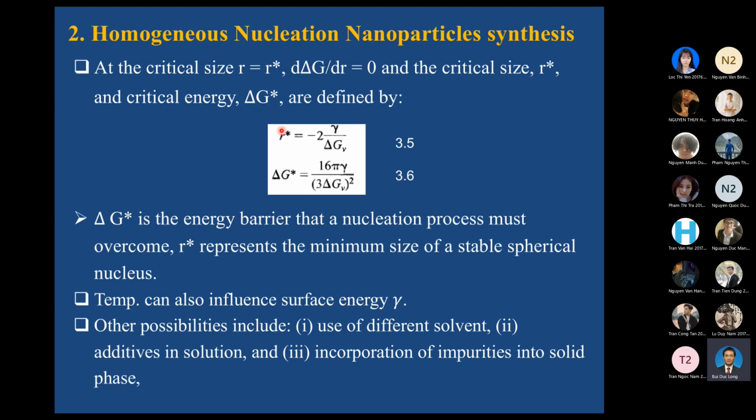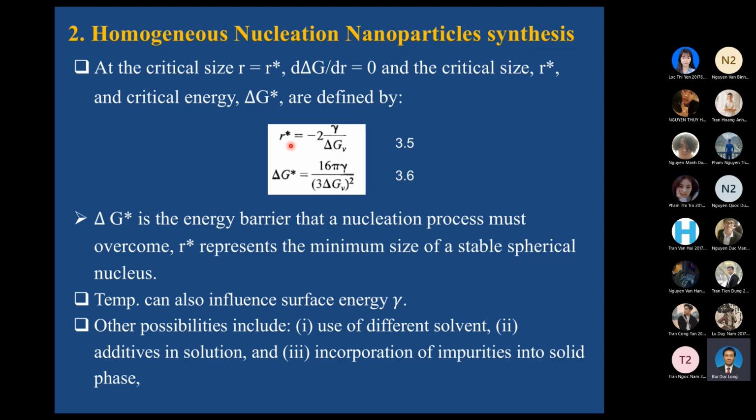So this is the formula for the critical size and critical energy for the formation of a nucleus, before it can continue to grow into a nanoparticle, or even bigger, a micro particle. Only a particle with a radius equal to or bigger than R star can exist in the solution and continue to grow.